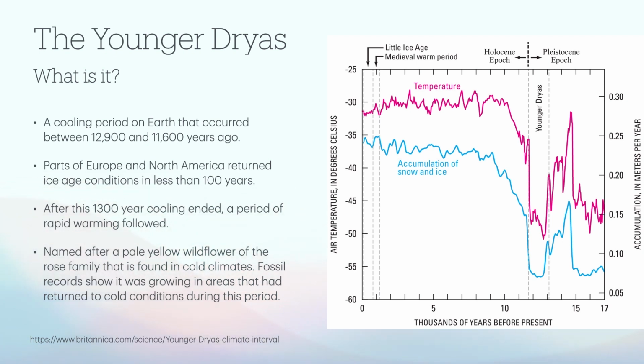After this 1,300-year cooling period ended, a period of rapid warming followed. The Younger Dryas is named after a pale yellow wildflower of the rose family that is found in cold climates, and fossil records indicate that it was growing in areas that had returned to cold conditions during this period of climatic change.